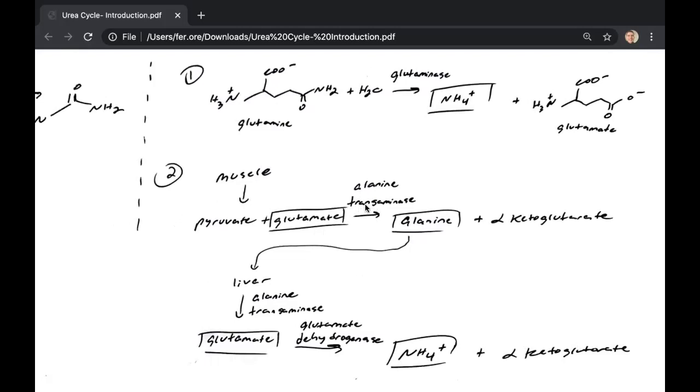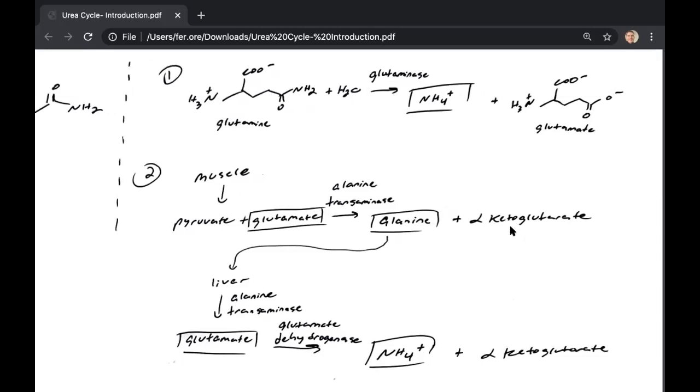So I'll probably make a very detailed video about these enzymes, but there are dozens of transaminases, and they mediate this really cool ping pong reaction where the carbonyl of a keto acid is essentially exchanged for the amine group of an amino acid. And in this particular transaminase reaction, the products here are another amino acid, alanine, and another keto acid, alpha ketoglutarate. So this alanine now can freely be transported in the blood to the liver.